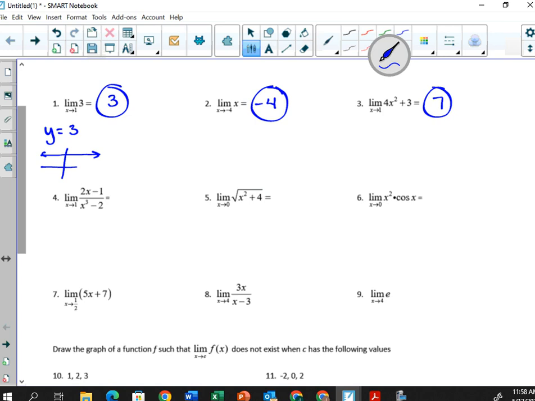Plug it in. Okay. So number 4, when you plug 1 in, what do we think? 1 minus 1 is negative 2 minus 1 over 1 minus 2. You could get -1.